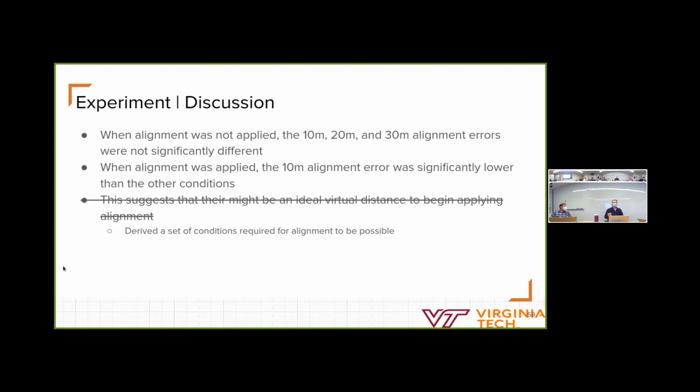Maybe we can take the hit on that break of presence for a bit if it means we can achieve this alignment. Or maybe we can introduce other types of resets, like a positional reset, where you pause the experience, but instead of having them rotate, you have them move to a different location, and then you can continue the experience and you'd be, quote unquote, aligned. So there's a lot of interesting research that could still be done down that avenue.